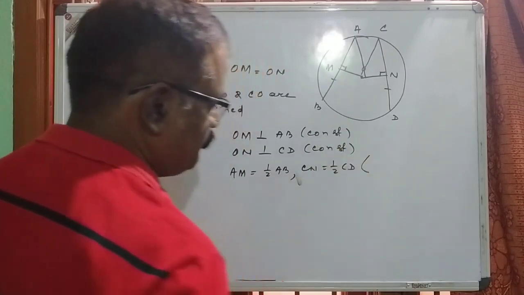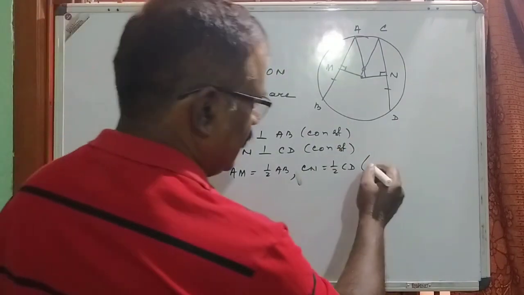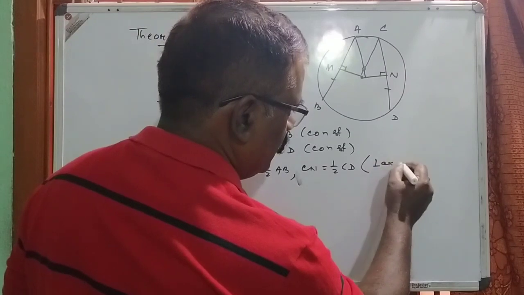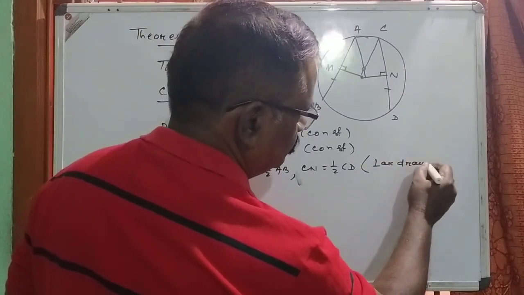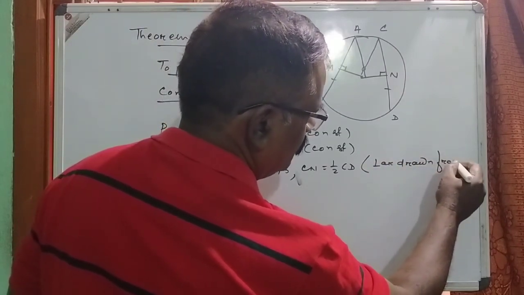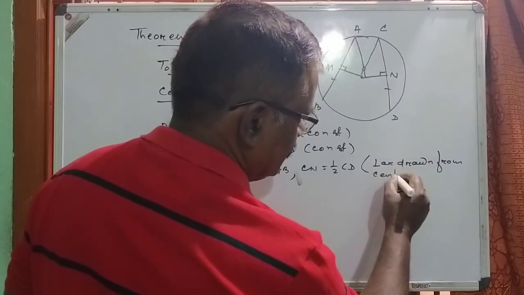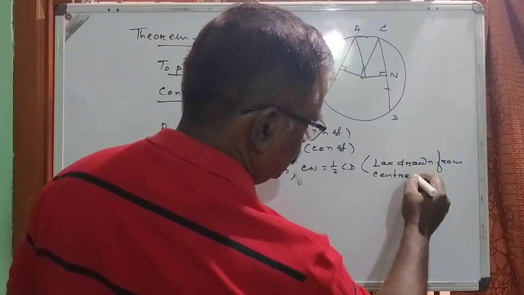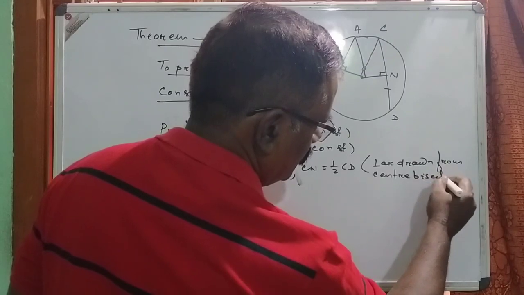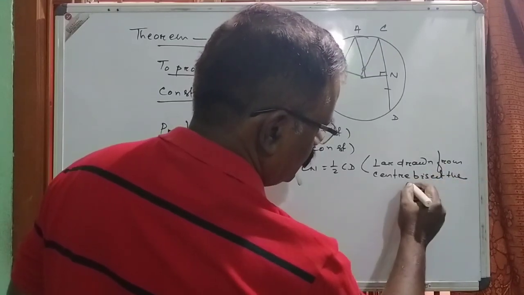Because from the previous theorem we have seen that the perpendicular drawn from the center bisects the chord.